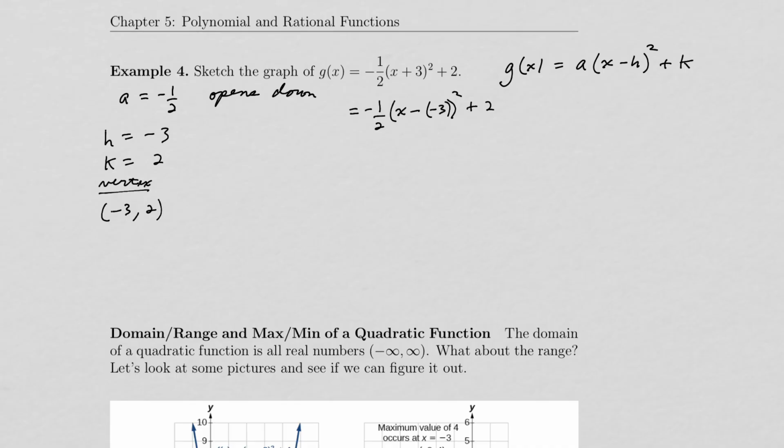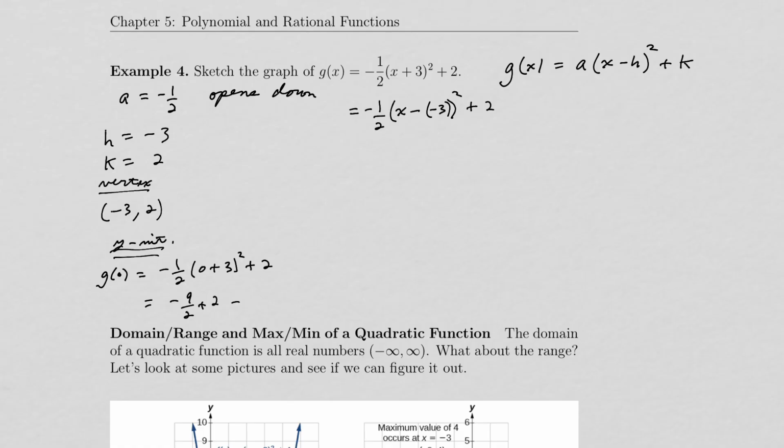What about the y-intercept? So to find the y-intercept, I'm going to set x equal to 0 and solve. So I want to basically find g of 0, right? So this is going to be -1/2 times (0 plus 3) squared plus 2. So let's see, 3 squared is 9, right? So this is like -9/2 plus 2.